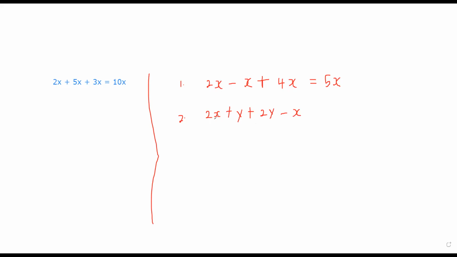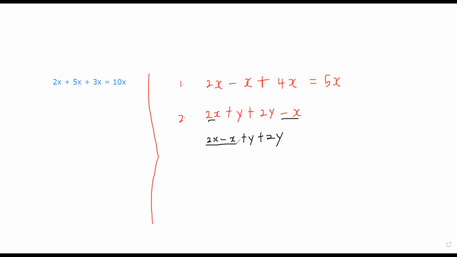So we put the 2x and the minus x together. Make sure, remember, it's a minus x, not a plus x. Let's put minus x. And then we put the y's now. Plus y plus 2y.